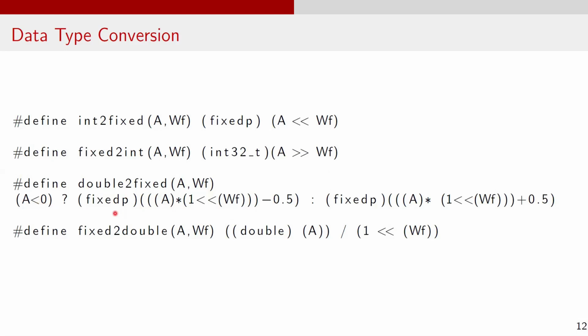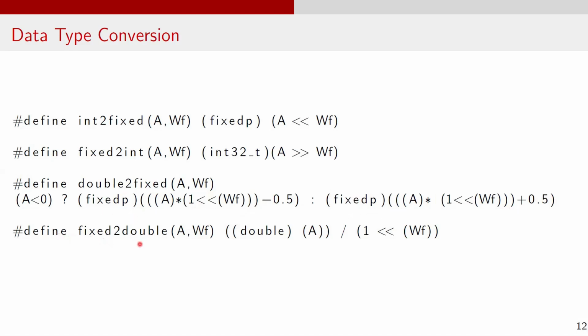If it is negative, it subtracts 0.5 from the scaled value. Otherwise, it adds 0.5. The idea behind this is that when we have a negative value, we use the floor after the scaling, and if we have a positive value, we use the ceiling after scaling. And then we cast these values to the fixedp type.